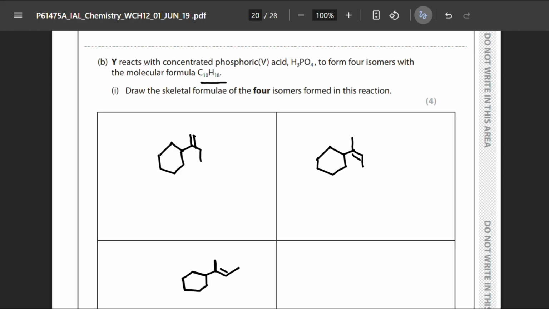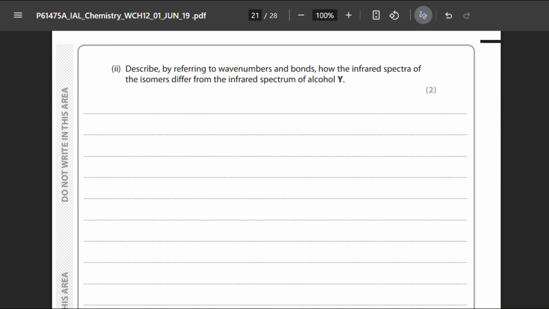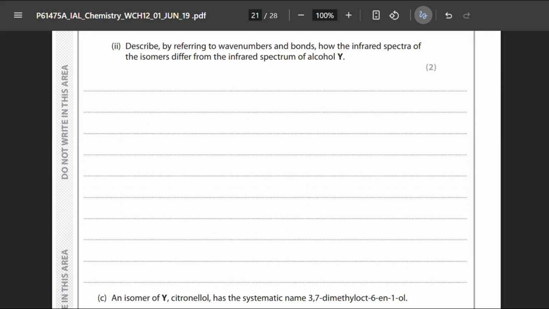Now 1, 2, 3, 4, 5, 6, 7, 8, 9, 10. 10 carbons. Now 1, 2, 3, 4, 5, 6. We can see the position of the double bond is different in all the 4 isomers. Now move on to the next question.